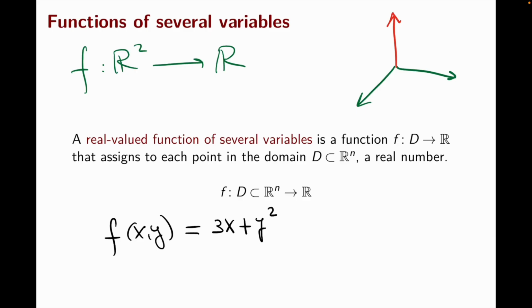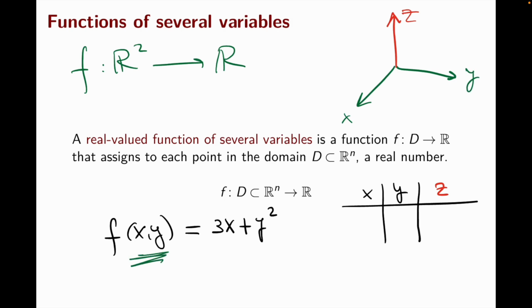Well, the idea is that our table is going to have values for x, y, but then we're going to have another axis for the actual output, the z-axis here. So the x and the y are going to be for the points in the domain, and the z is going to be for the result, for the output.